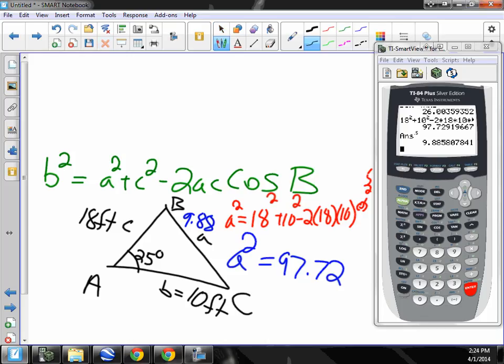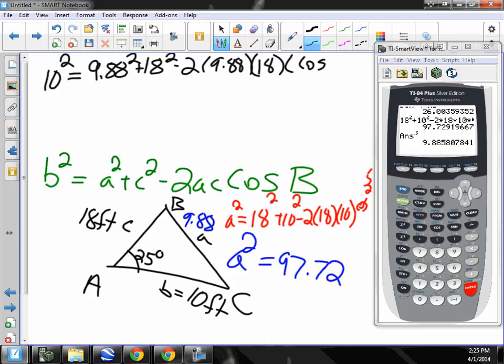And we now know little a, so we can fill it all in. 10 squared equals 9.88 squared plus 18 squared minus 2 times 9.88 times 18 times the cosine of B.